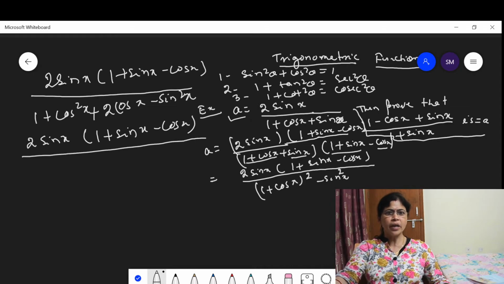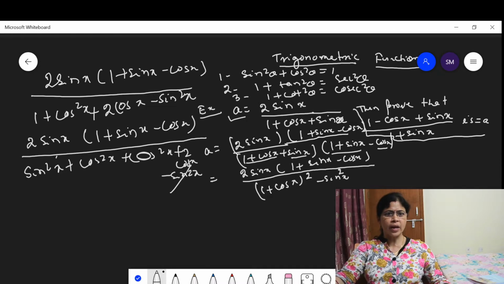Then the denominator: in place of 1 you can write sin square x plus cos square x, plus cos square x plus 2 cos x minus sin square x. Then sin square x and minus sin square x cancel.